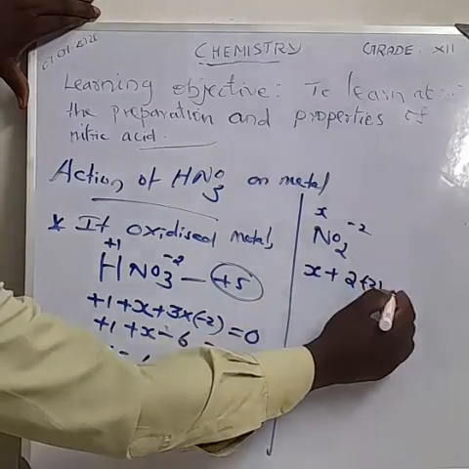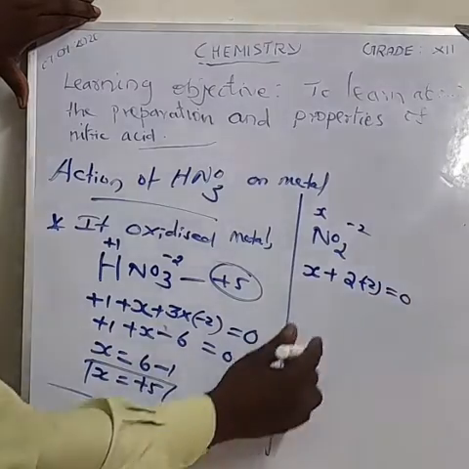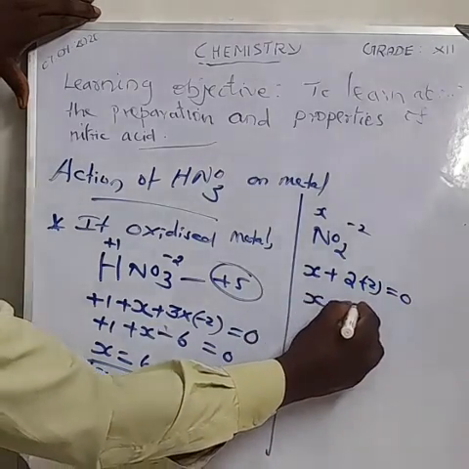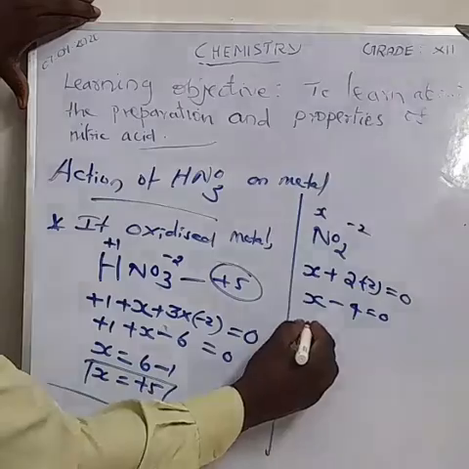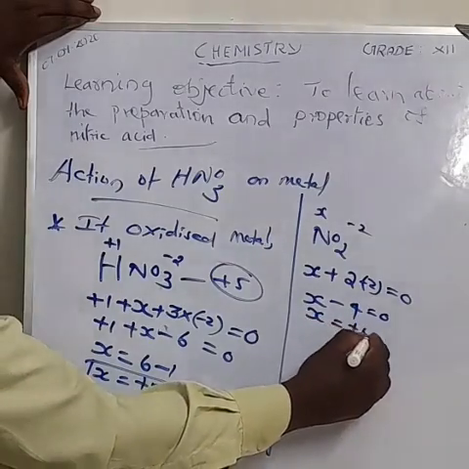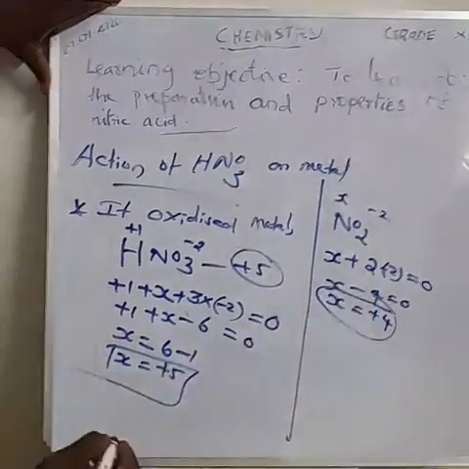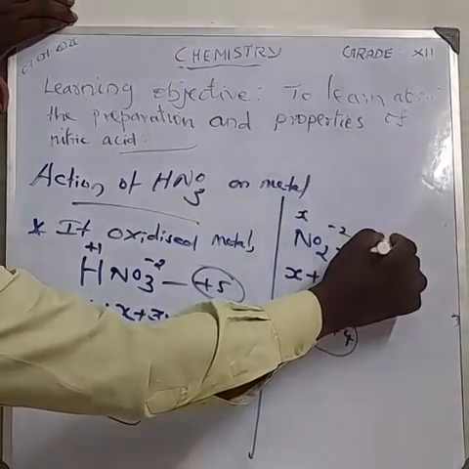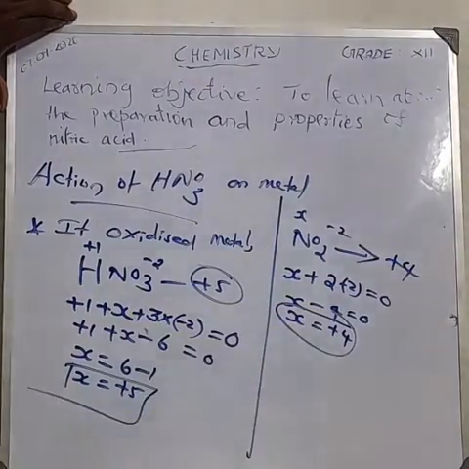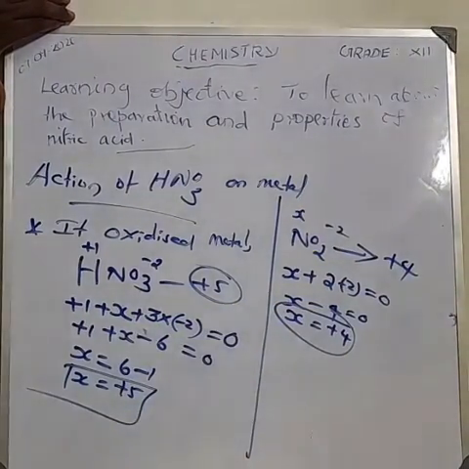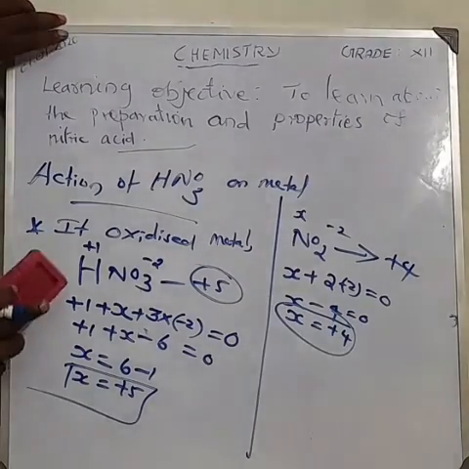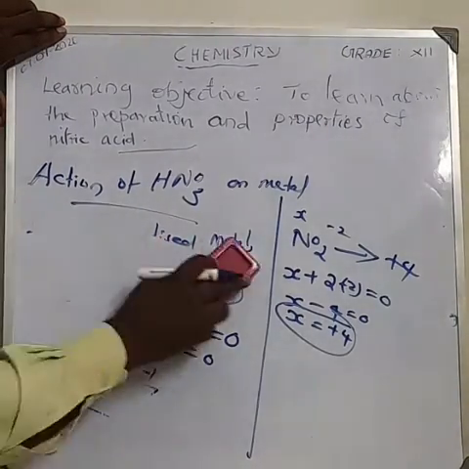Here there is no charge, so it equals 0. So X minus 4 equals 0. X is equal to +4. Am I right? So the oxidation state is +4. Clear? The next one is HNO2, nitrous acid.